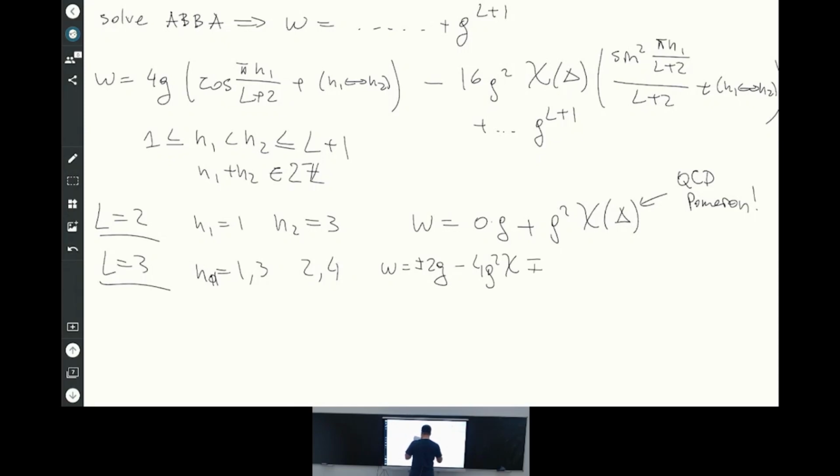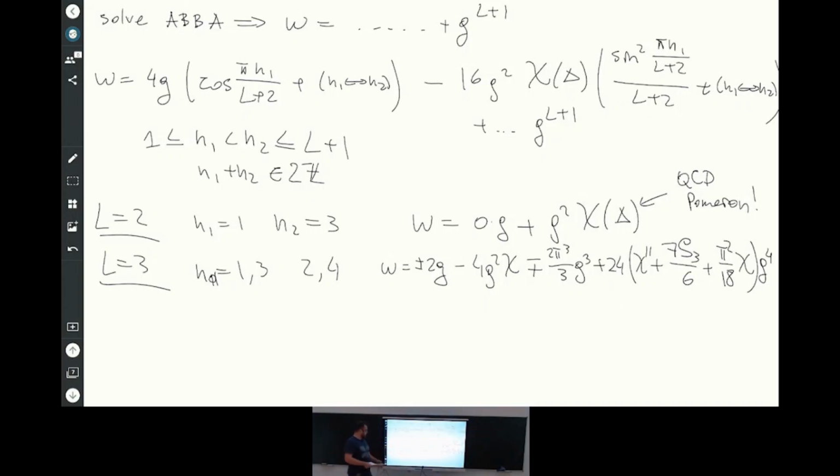And then minus plus 2 pi cubed over 3 g cubed, and 24, 7, you know, zeta 3 over 6 plus zeta 2 kind of chi g to the 4. All right, so we get this generalization of the Pomeron for this trajectory, which we now know analytically up to g to the 4.